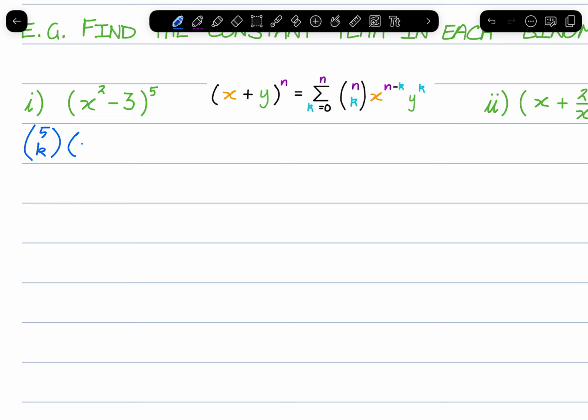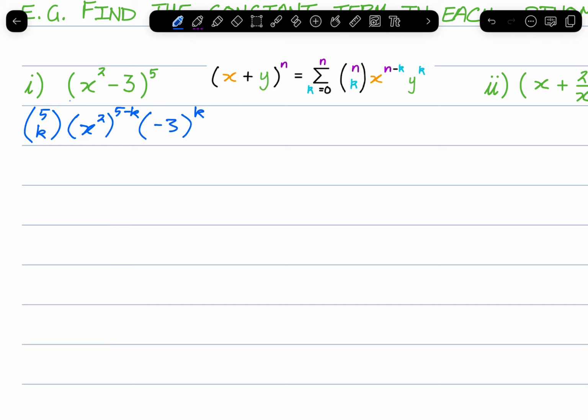So I'm going to write this as x squared to the power of n minus k, so in this case 5 minus k, times y. In this case, y is negative 3 to the power of k.